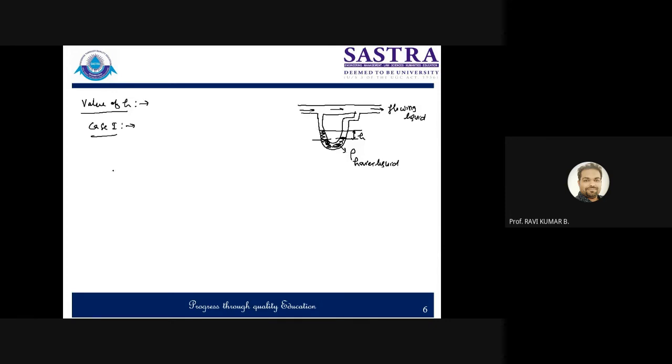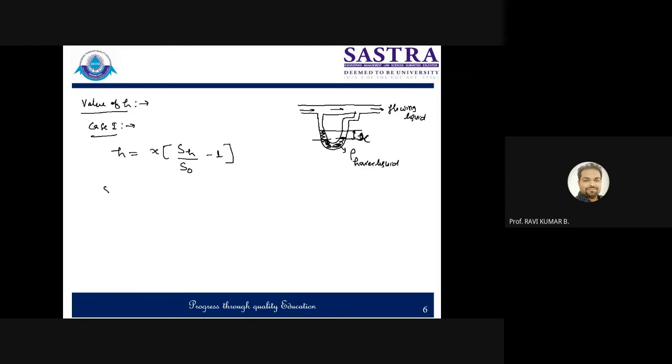If you are going to measure, you will write the pressure head. This is basically not head, we can say this as X, meaning some reading is coming over this manometer. So the pressure head is X times the specific gravity of the heavier liquid divided by the specific gravity of the flowing liquid, where the flowing liquid is represented by S naught and the heavier liquid by S h minus 1.